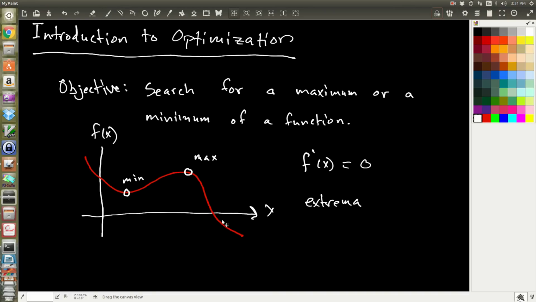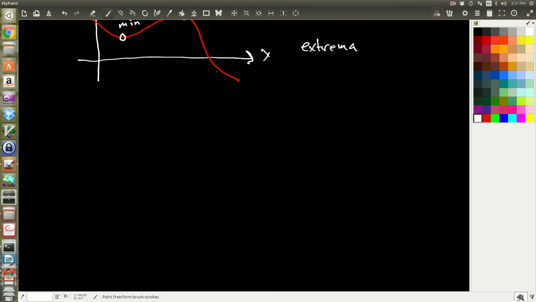Now, as engineers, why do we want to find max and mins of things? Well, just talk about the motivation here. Motivation for doing optimization in the field of engineering.